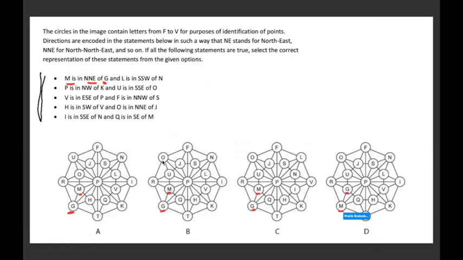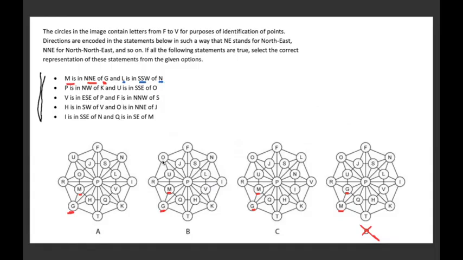So with reference to G, M is north, northeast. Here in option D, it is south, southwest. So D is wrong. A, B, and C are fine, with reference to G, M is in the north, northeast, not a problem. Next, we move to the next part, which says L is south, southwest of N.